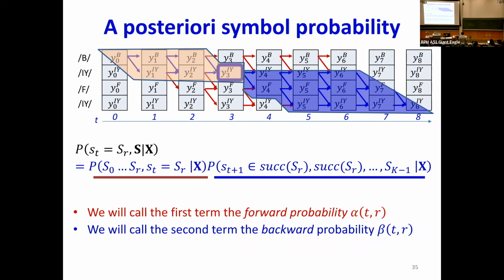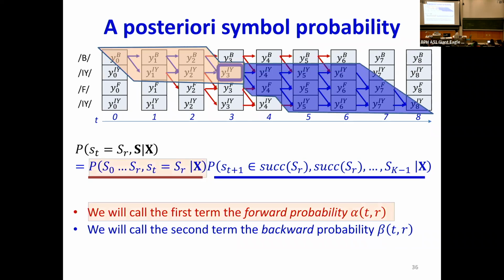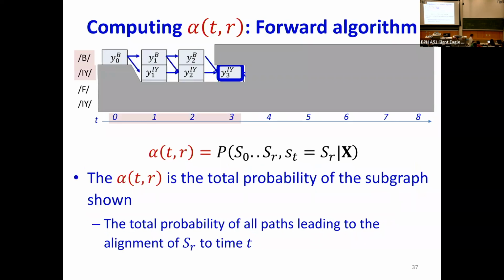So let's do this. How do you compute this probability? Now let's focus on the first part, the pink graph. I'm going to call this the forward probability because it's all forward paths until the highlighted node, right? This is the graph whose probability I want to compute.